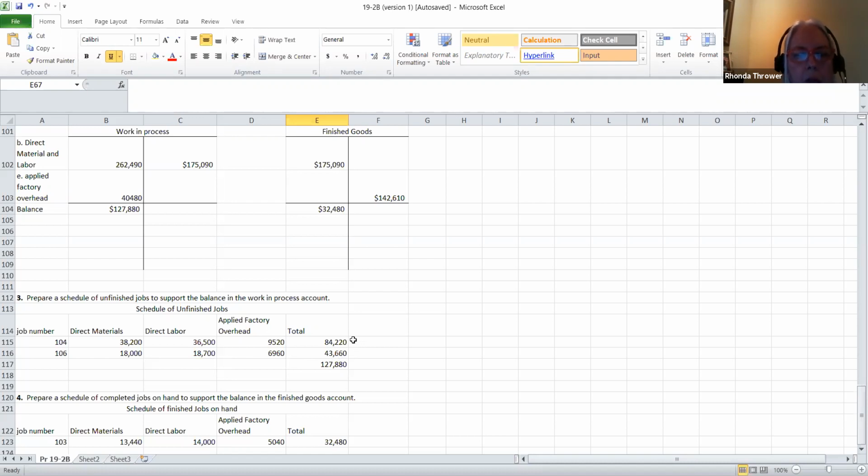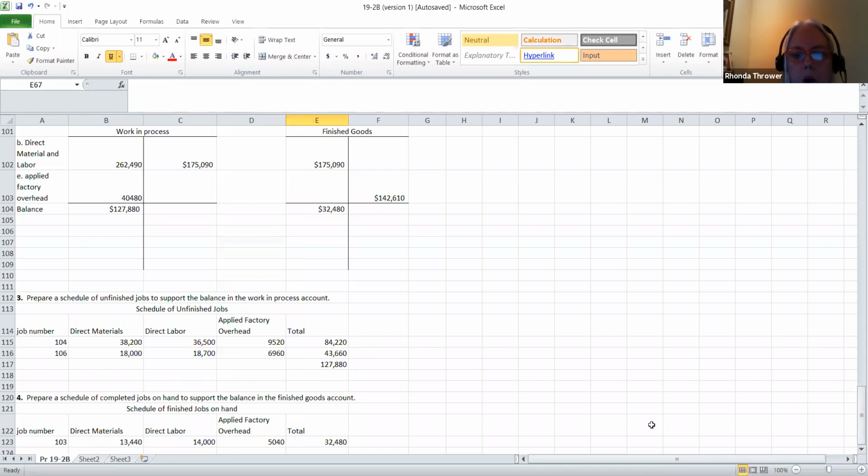I would add it with my other unfinished job to get total unfinished jobs of 127,880. Notice this reconciles, it balances out with your ledger account. So this is just showing you what you have left over that you need to finish for the next reporting period.